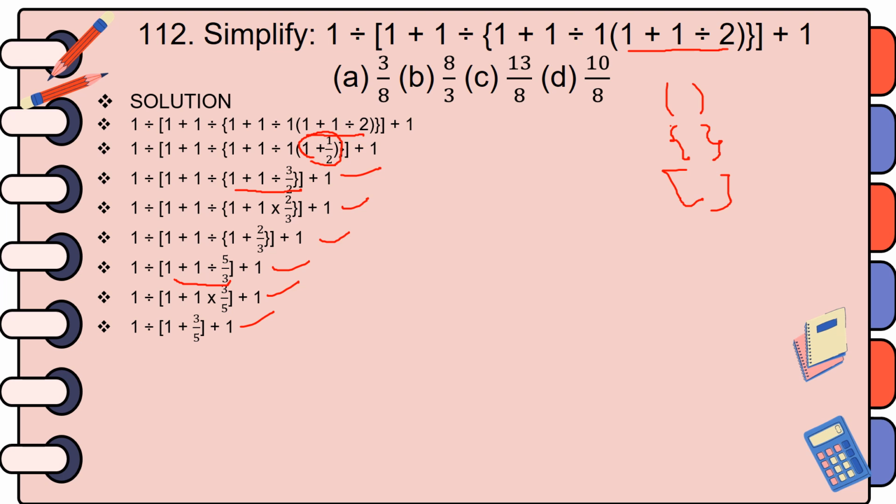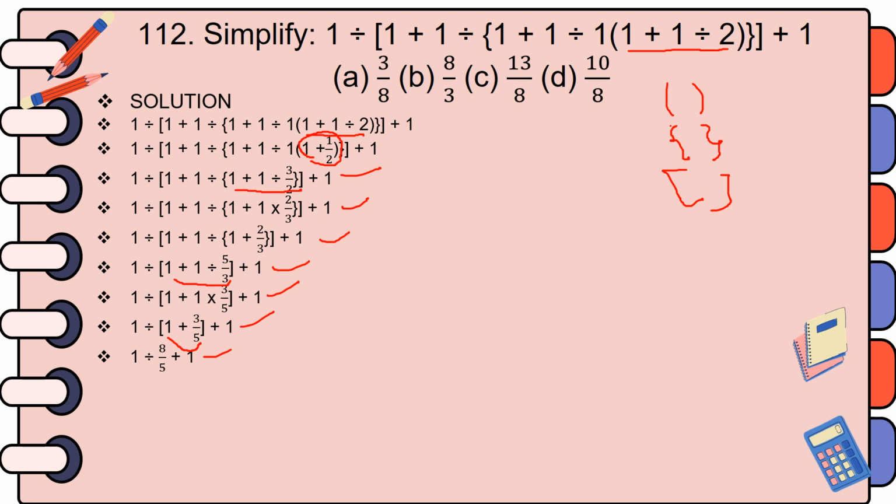So we have numbers in a bracket with the operation of addition, 1 plus 3 over 5, and it can be simplified as 8 over 5. So you can rewrite it again, and it becomes 1 divided by 8 over 5 plus 1.